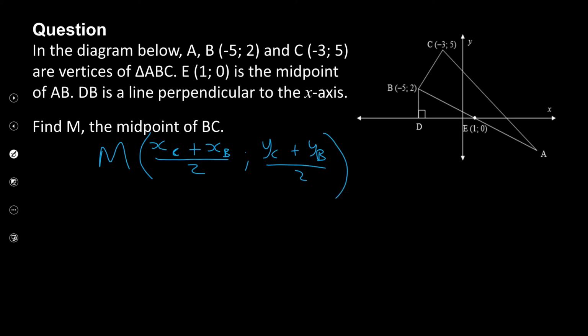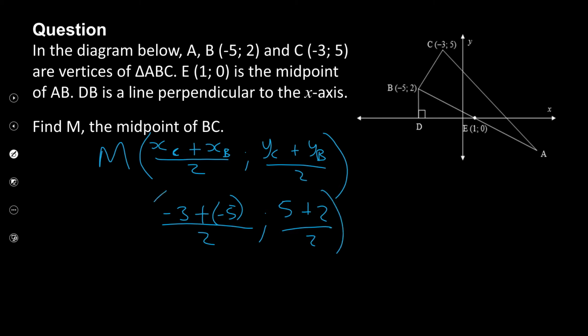Or you can say XB plus XC. Remember, plus does not really make much of a difference. So this will be -3 plus -5, all divided by 2, and then YC will be 5 plus 2 divided by 2.